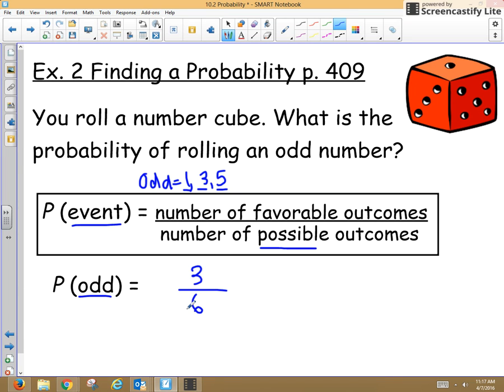So the probability of getting an odd is a 3 out of 6 chance. Do not forget to simplify, which reduces to 1/2. So I have a 1/2 chance of getting an odd. Now, if I wanted to describe the likelihood, I would say it is equally likely to happen as to not happen. So you can just describe it as equally likely.